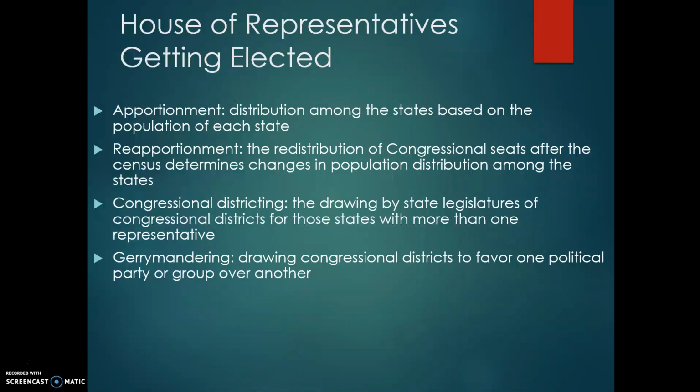So congressional districting in the end is determined by the state legislatures. There are instances where state legislatures are controlled by one party and will create districts that tend to favor incumbents if that incumbent is a member of the party in control of the state legislature. This is known as gerrymandering, named after Elbridge Gerry of Massachusetts.